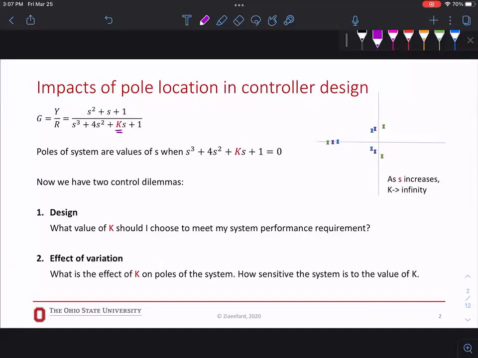Now, let's plot all the poles starting with K from 0. When K is 0, there's nothing there, right? So K from 0, draw the pole, and then K1, K2, K3, K4. This is K5, meaning the 5th number that I go from 0. So what do you see here? You see a pattern.